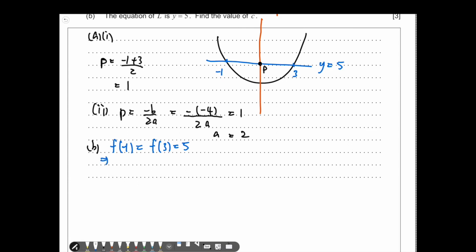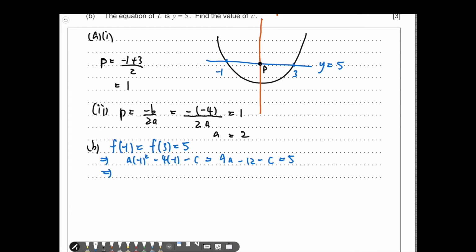By plugging the values into the function, we have a times -1 squared minus 4 times -1 minus c, which is equal to 9a minus 12 minus c, that is equal to 5.